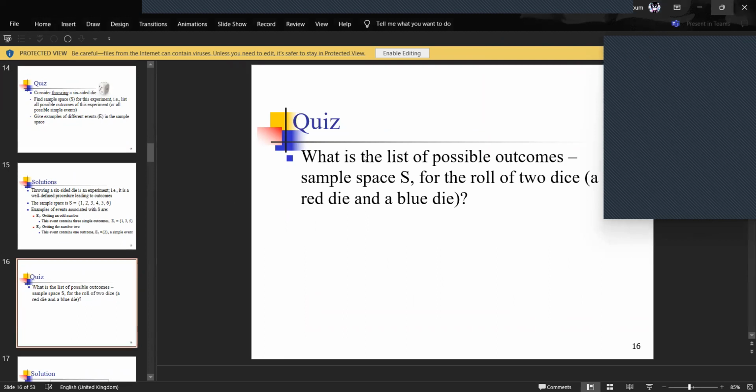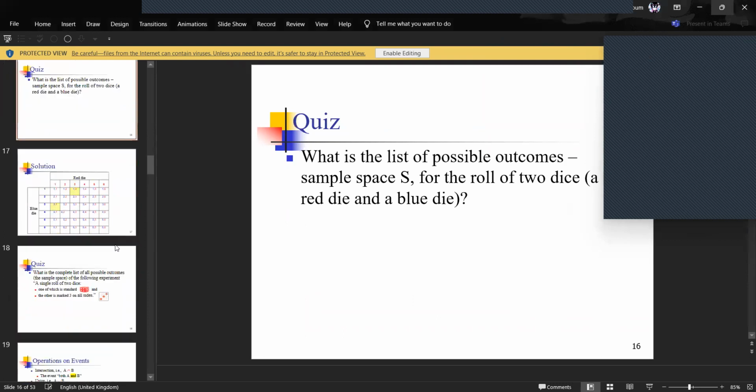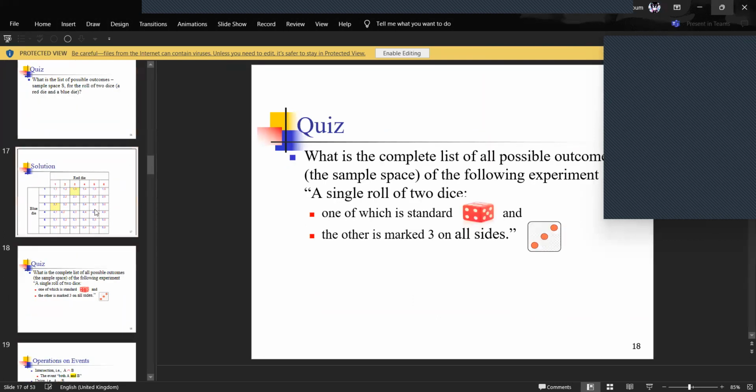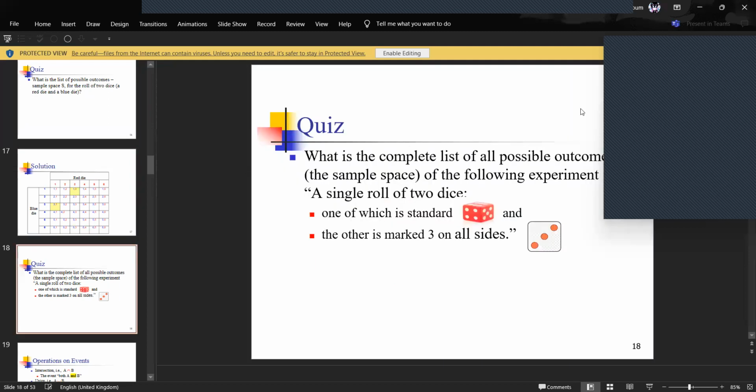Okay. So what is the list of 2 possible outcomes? Rolling 2 dice, you're going to get the events for the red die, the events for the blue die. All right, so this is just a quiz. What's the complete list of all possible outcomes of the following experiment?